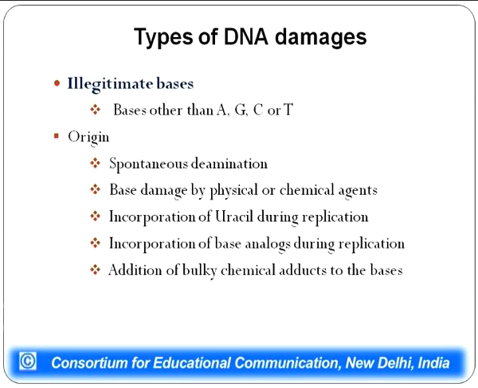Base analogues are chemicals which are similar in structure to bases, but they have different pairing capability than the normal bases. Also, whenever there is addition of bulky side groups like methyl groups or ethyl groups, this changes the chemical consistency of the bases, and they do not pair with the normal base pairing method.